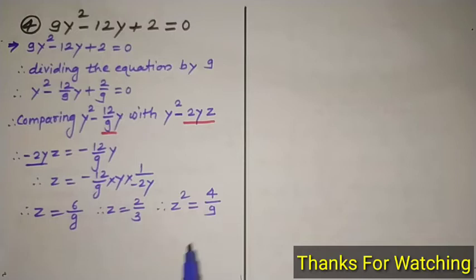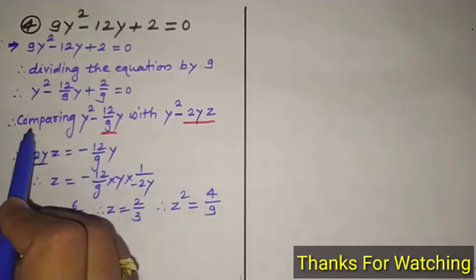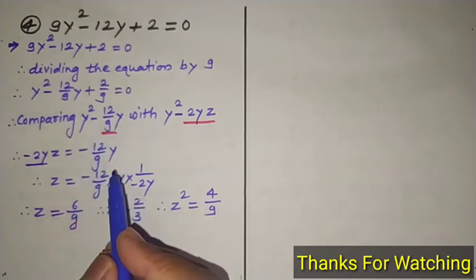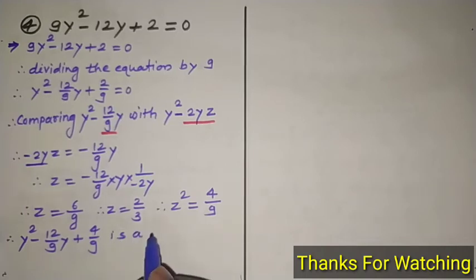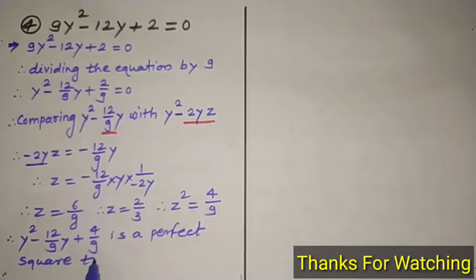Adding this term to these two terms gives a perfect square trinomial. Therefore y square minus 12 upon 9y plus 4 upon 9 is a perfect square trinomial.